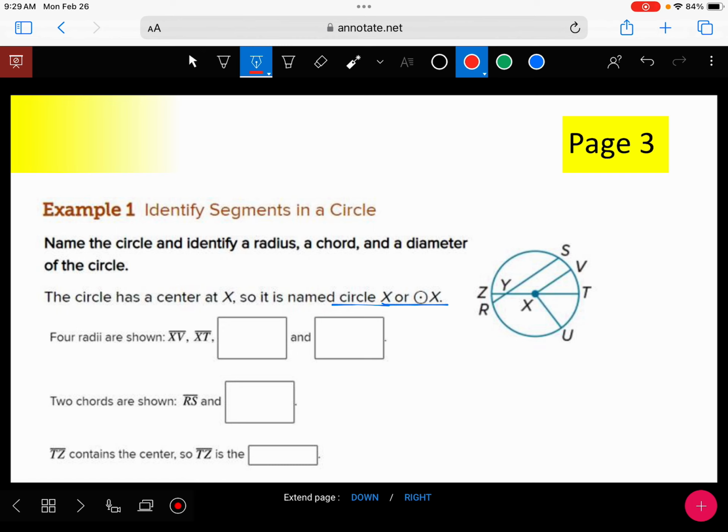So remember, that's the line segment that runs between point X and point V. That, highlighted in red, is a radius. Another radius that we're given is line segment XT. XT is just going to be that line segment right there between point X and point T.